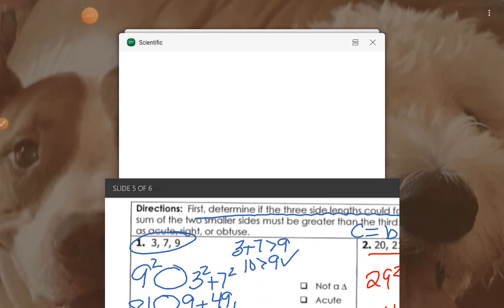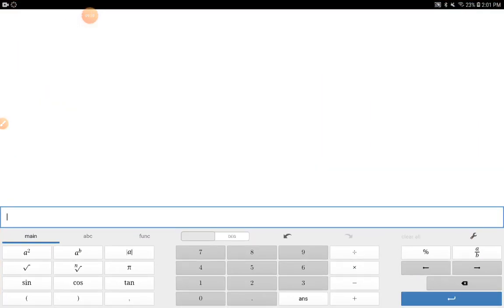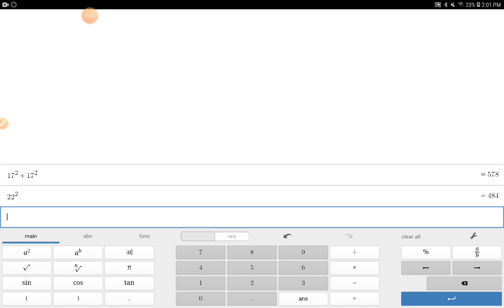Go to our calculator. So you have 17 squared plus 17 squared. And then we have 22 squared. Okay, so we're using these values to bring it up from our calculator.